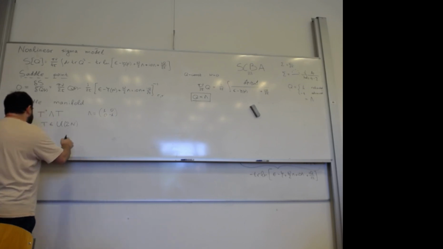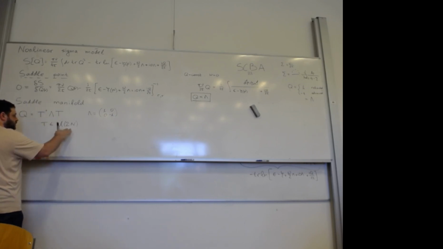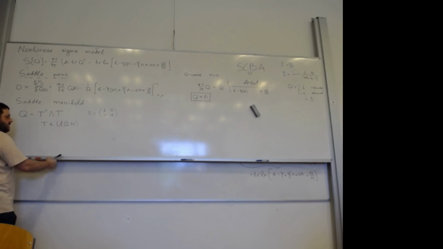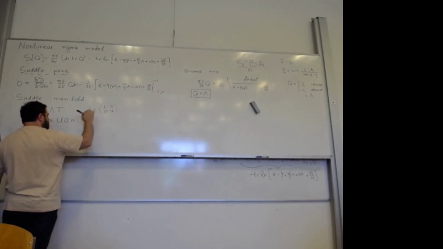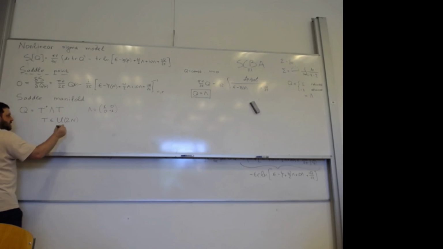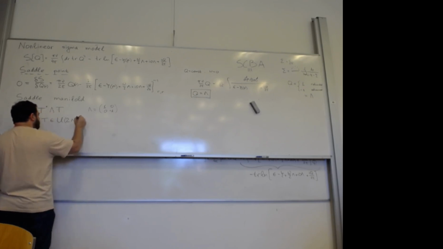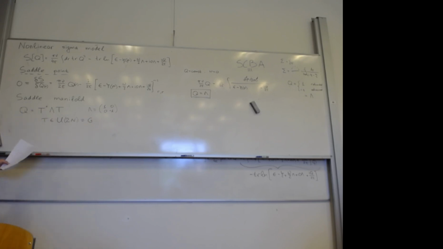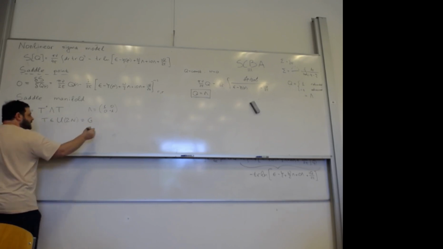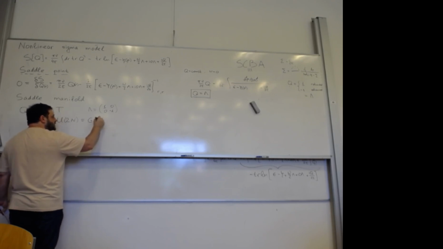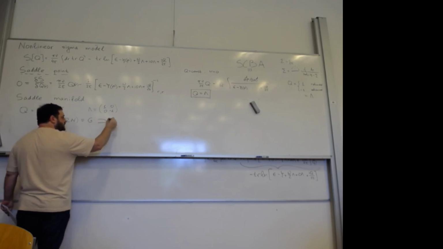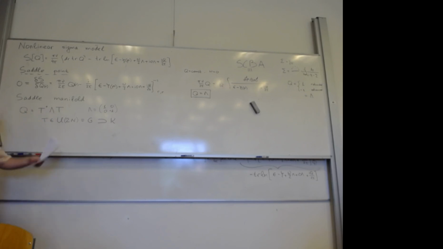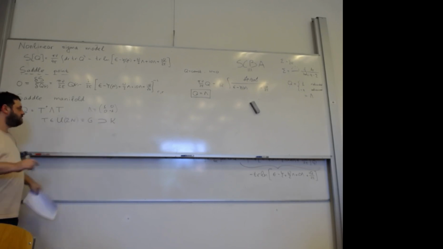There is a special subgroup of this unitary group of matrices that commute with lambda. They are called K. This group is called the G group, unitary matrices of size 2n. Inside this group G, there is a subgroup K of matrices that are also unitary and also of size 2n, but that commute with this matrix lambda.